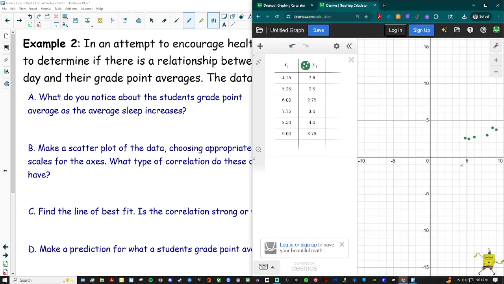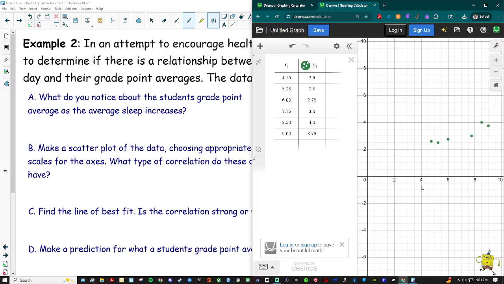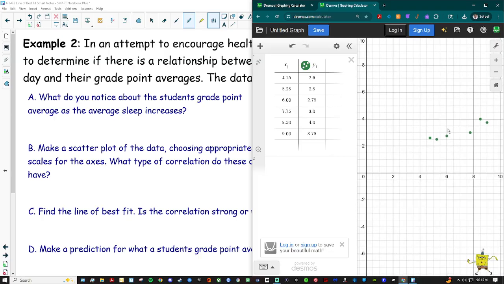After typing in all of the points, you should see something that looks like this. Here are all of my points. My x values are how long I've slept. My y values are my students' GPAs. I can see that as we increase the number of hours we sleep, from 0 to 2 to 4 to 6 to 8 to 10 hours, the GPA of my students is slowly rising.